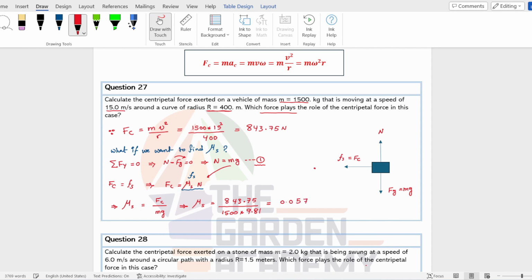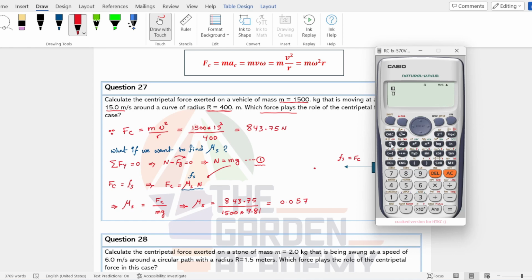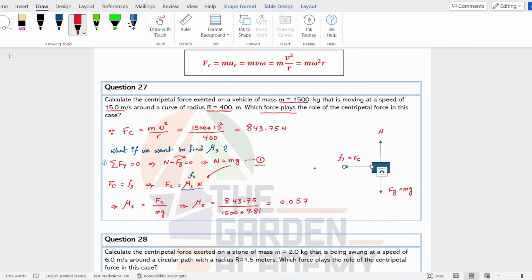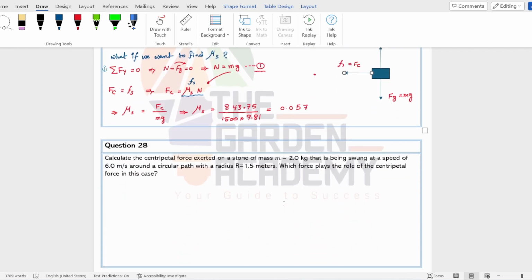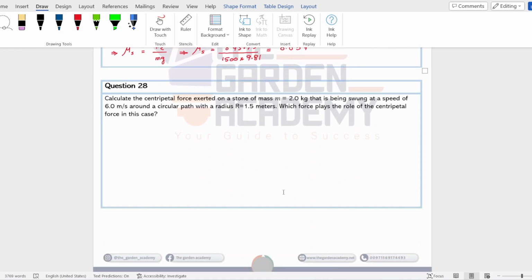Let's just do the calculation quickly just to make sure. 843.75 divided by 1500 times 9.81. So this is correct. Yes, 0.057. طبعا the coefficient of static friction is unitless, so there is no unit to write down. هذا بالنسبة للسؤال 27. نيجي الآن إلى question 28.